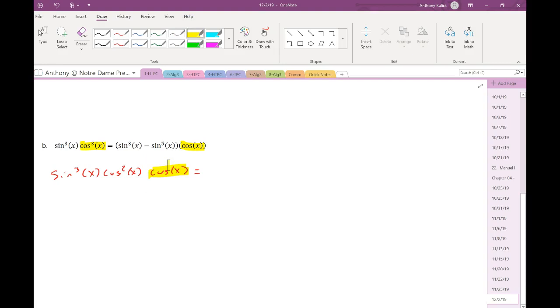So I got that part of it. Now somehow sine cubed times cosine squared has to turn into sine cubed minus sine to the 5th. Since that piece is all in terms of sines, I'm going to rewrite cosine squared as 1 minus sine squared. Because I know I don't have any more cosines in my answer. All I have is sines in that part, so I'm going to just turn that cosine into a sine the only way I know how.